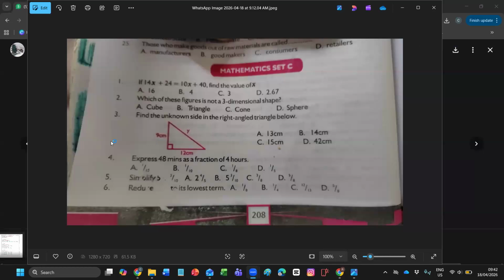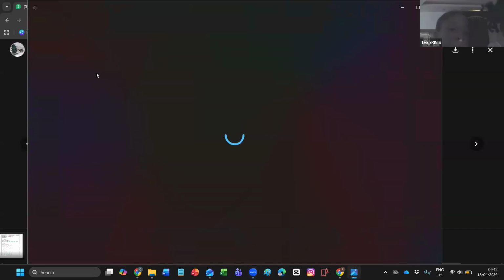Can you see my screen? Yes, sir. So which of these figures is not a three-dimensional shape? Which of them? Quickly. Sir, Favor said the cube is not a three-dimensional shape. So what did you say?